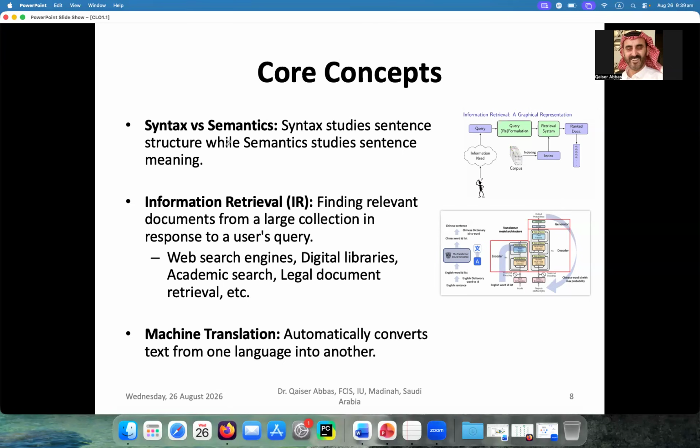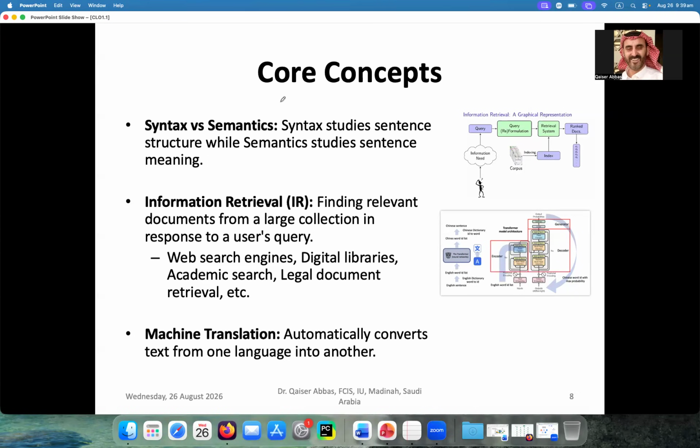Syntax is something related to the structure of the sentence. Structure. I think in Arabic it would be something like saha or something like that. I don't know. What is the word for structure in Arabic? Haikal. Okay, I can understand Haikal also.